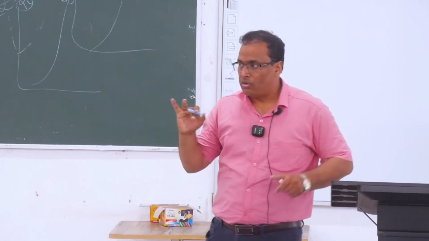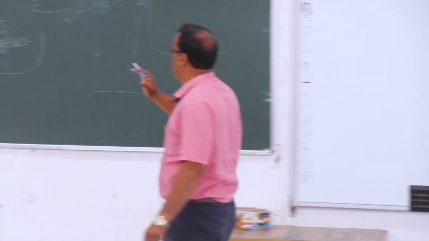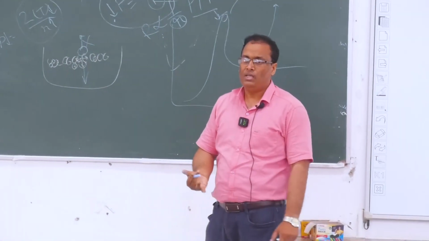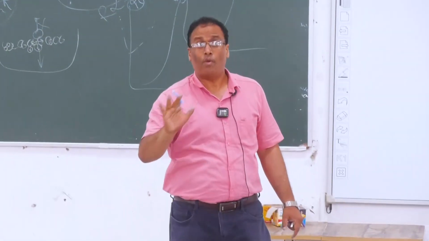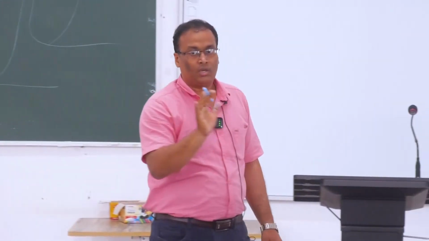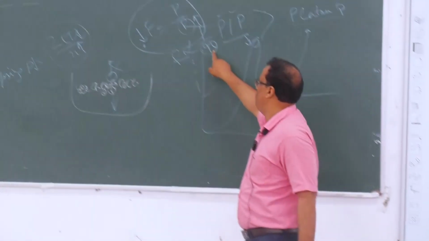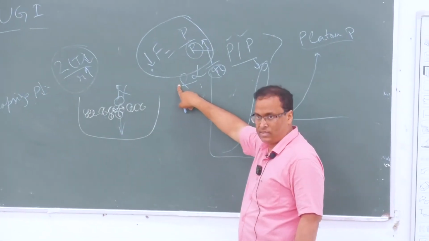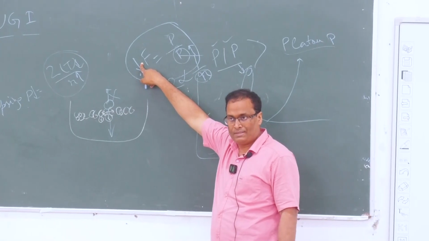That means R1, R2, R3, R4 smaller, near bronchioles. Now you can tell me whether the radius of the bronchus is more or the bronchiole is more? Bronchioles are more. So if the radius of the bronchioles is more, then the resistance is less. If resistance is less, then the flow is much more.